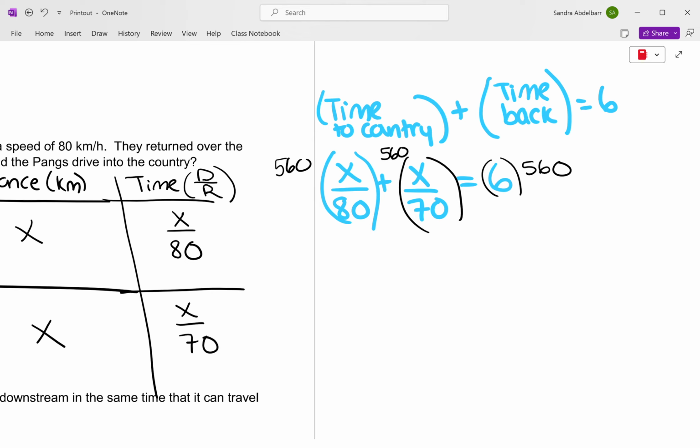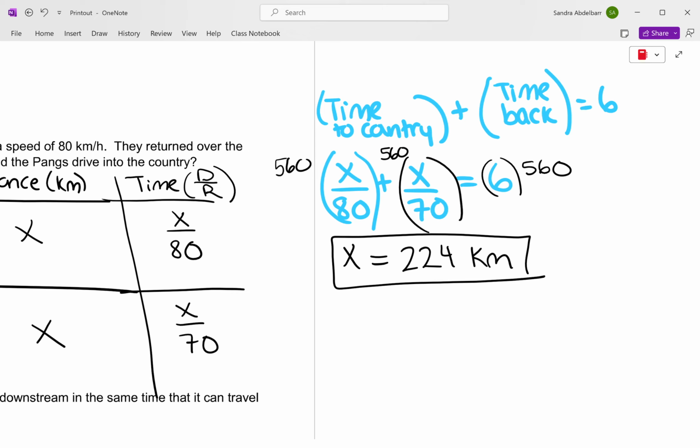So we're going to multiply by 560. I'm just going to jump to our answer here. We're going to get x is equal to 224 kilometers.